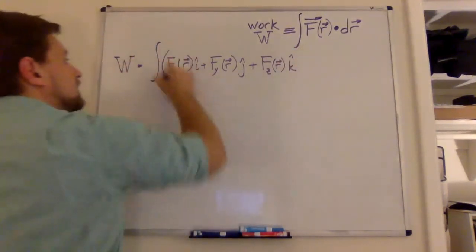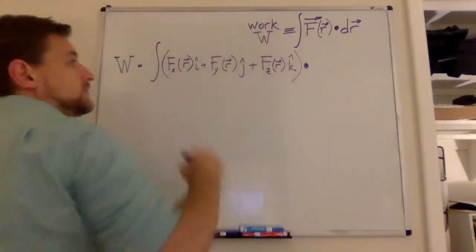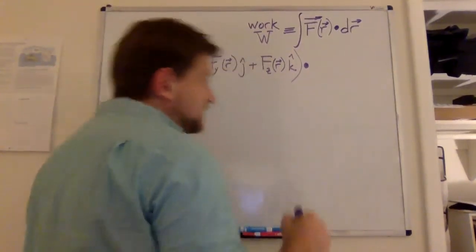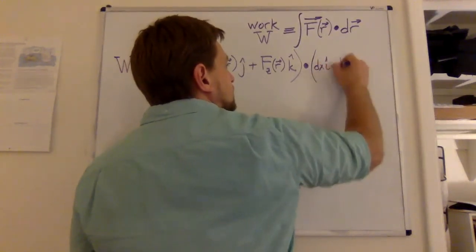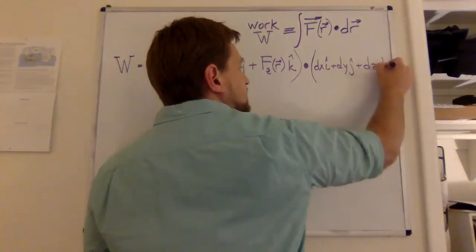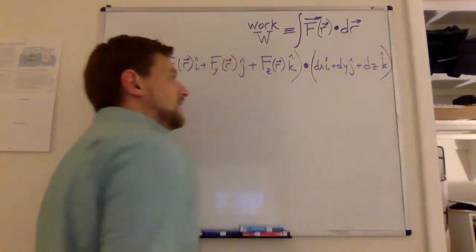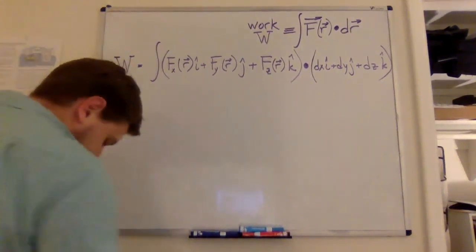Okay. And we're going to do dot product stuff with some differential displacement, maybe some dx plus some dy plus some dz in the ijk. We know how dot products work.